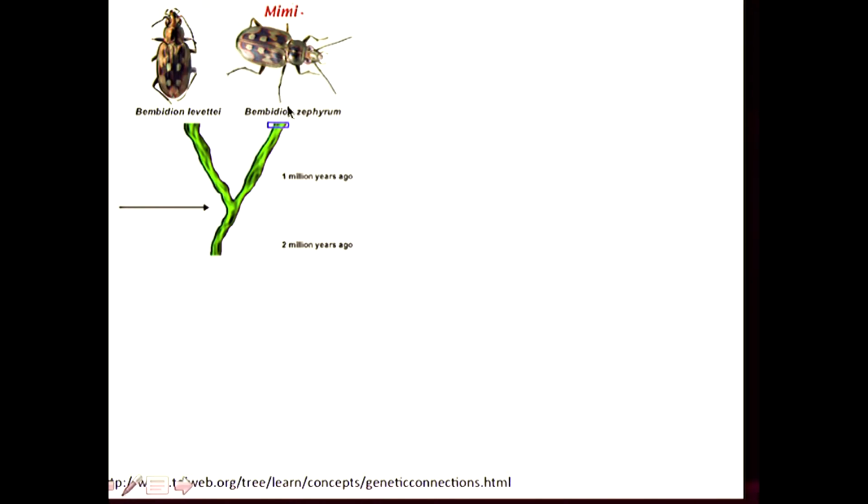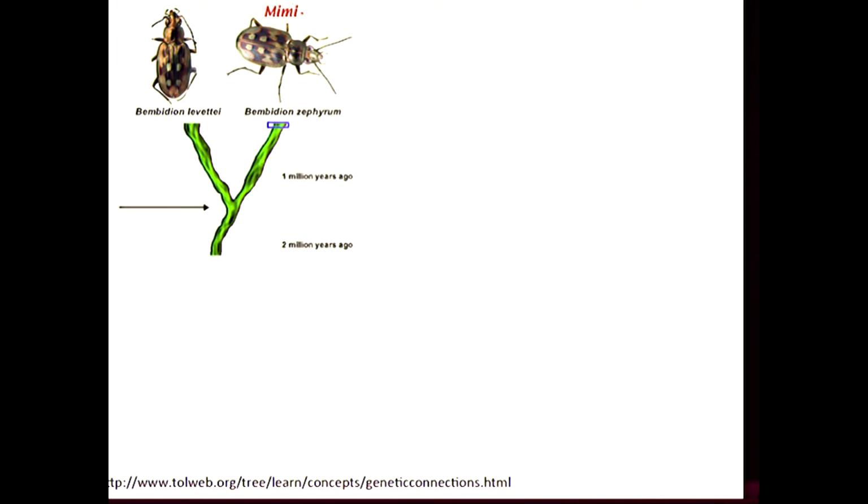So if we go back far enough in time, in this case about 1 million years for these beetles, we come to places where this process that I've just described is happening in this species of beetles, but also in this species of beetles. And again, when we go back far enough in time, there's a common ancestor, a great-great-great-great-great-great-great-grandparent of both of these species that was in one population. Okay?